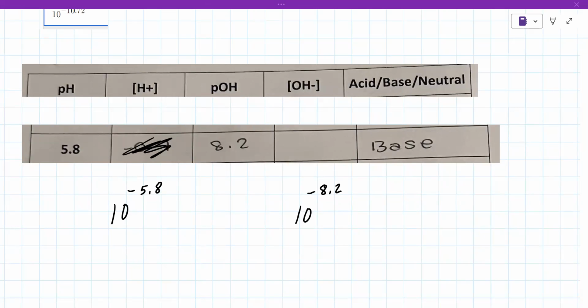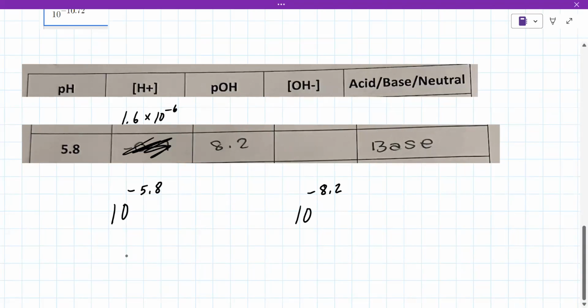I got for the first one 1.58 times 10 to the negative 6. Okay, so just go to 1 decimal place. So we'll call it 1.6 times 10 to the minus 6.